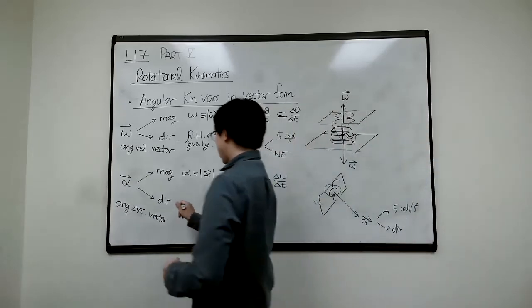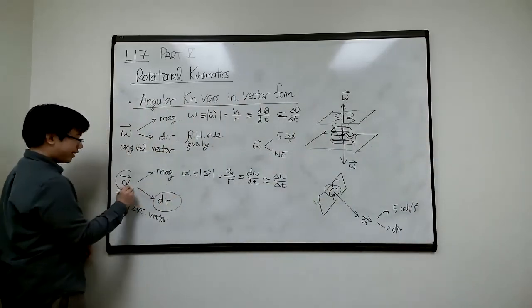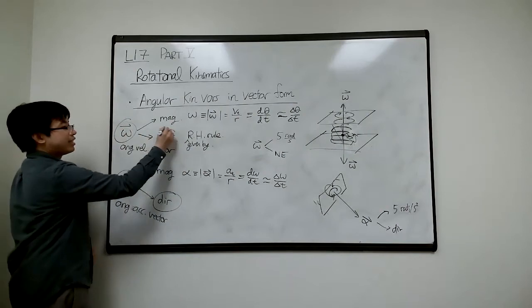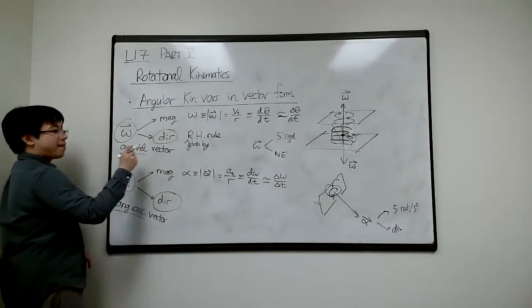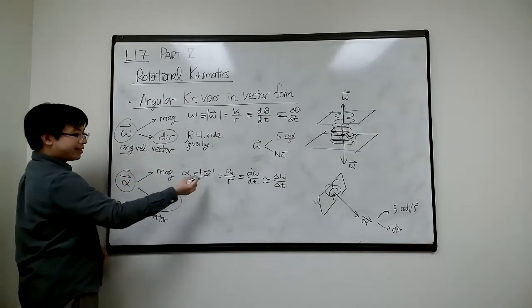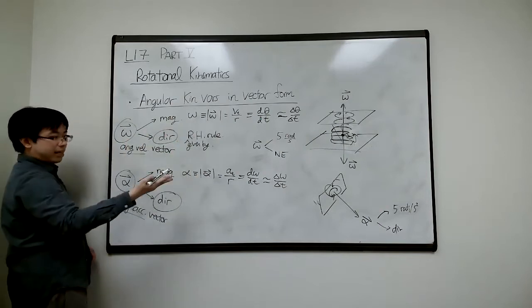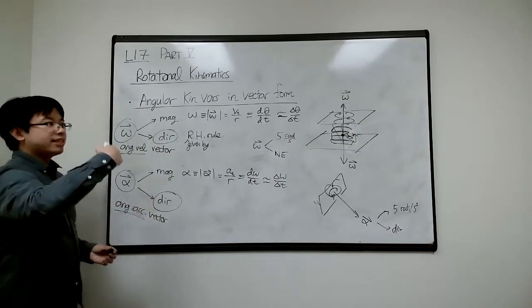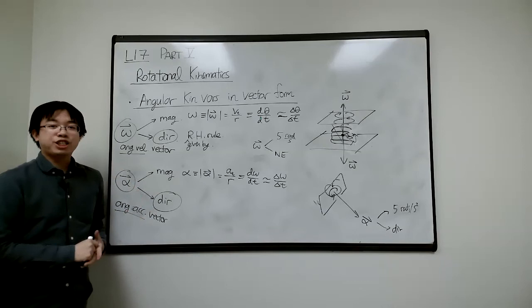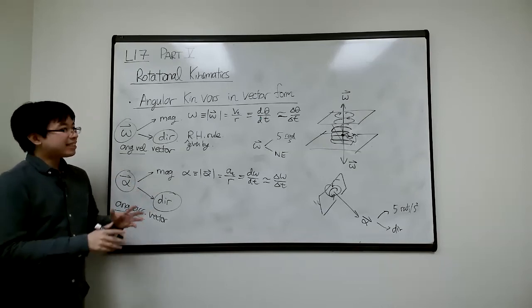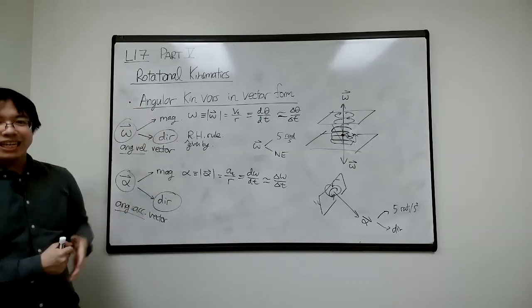So now you understand, I can actually define a vector version of this concept of angular speed and angular acceleration. Just to summarize, the magnitude tells you what we understand, and the direction tells you the orientation of the rotational motion, okay? All right, so this wraps up everything about rotational kinematics.